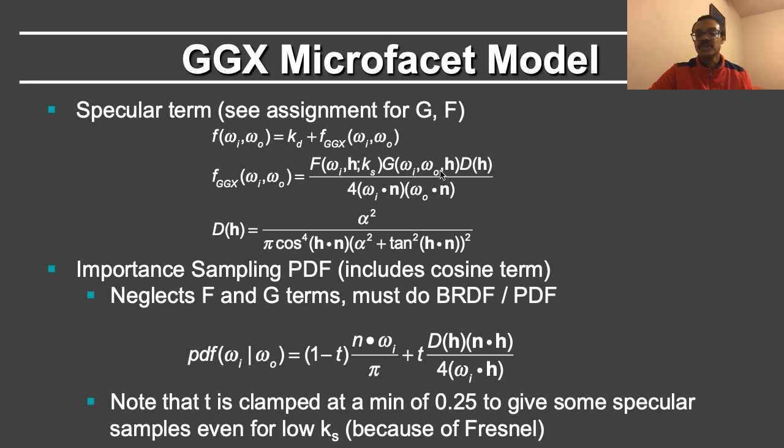It has geometric attenuation factors built in, which corresponds to the fact that, especially towards grazing angles, the microfacets mask and shadow the lighting. And it has a distribution term that depends on the half angle, which is the critical term. If the surface is perfectly smooth, this distribution term is essentially a delta function and you get mirror reflection, but for rough surfaces, it controls the roughness.